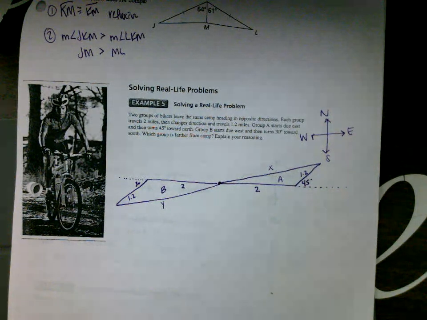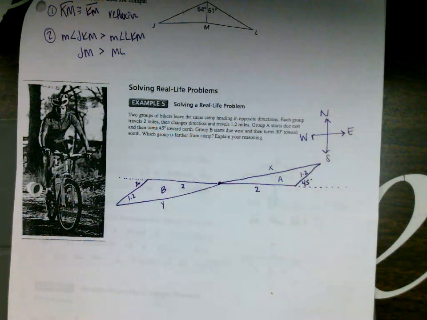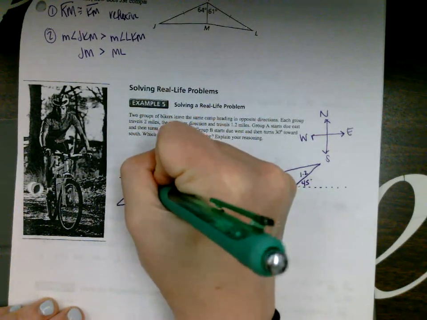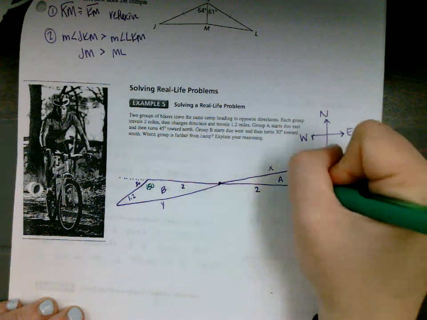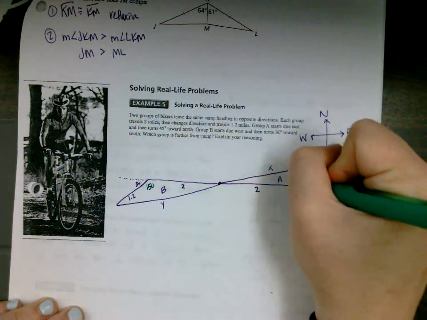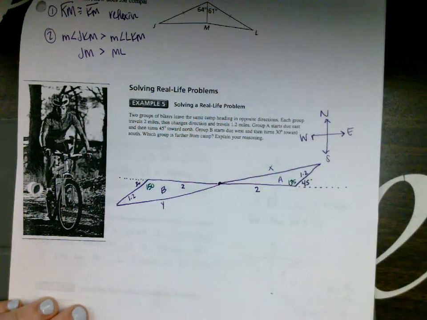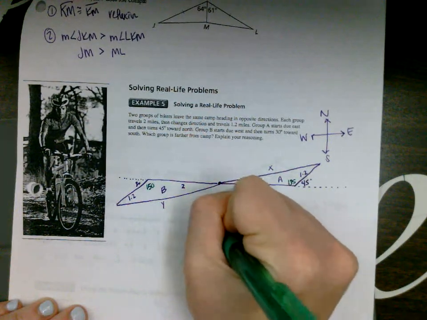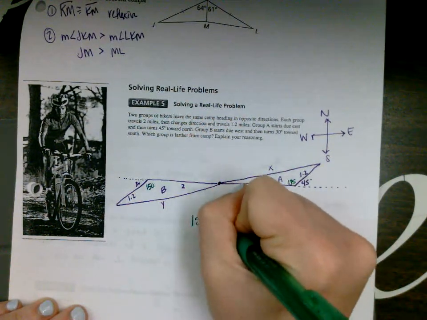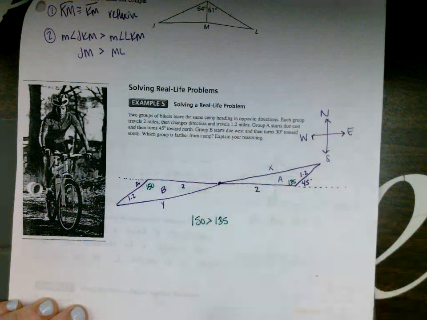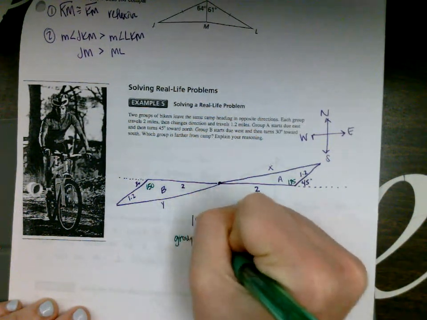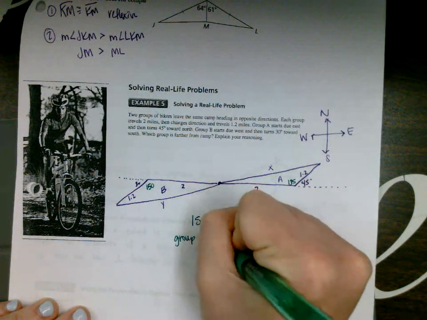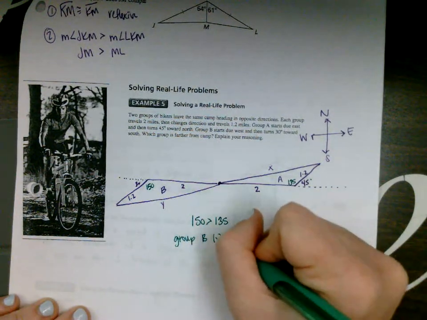So from what we know in the past, we know that a straight line makes 180 degrees. So that means that this angle here is 150. And we know that this angle over here is 135. So I know then that 150 is greater than 135. So that means that group B, or Y, is longer, right?